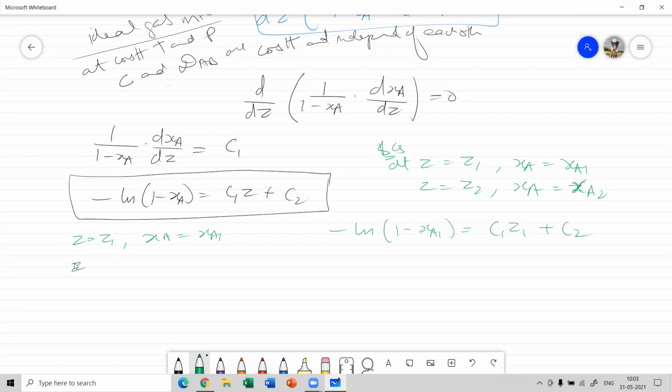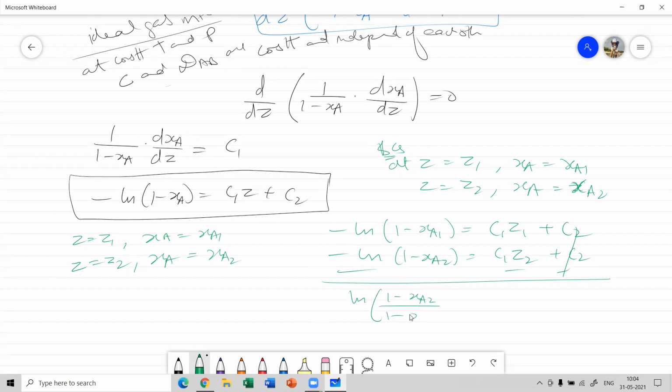And using z equal to z2, x_A equal to x_A2, we have minus ln(1 minus x_A2) equal to C1 z2 plus C2. Now we'll take the difference, so C2 gets cancelled, and we have ln of (1 minus x_A2) over (1 minus x_A1) equal to C1 (z1 minus z2).